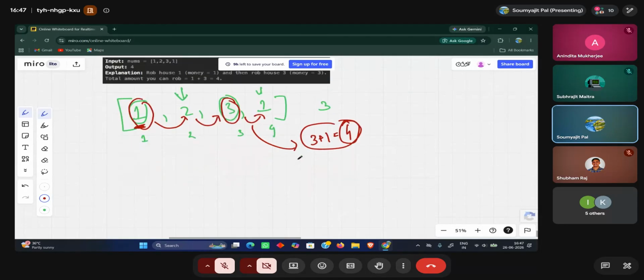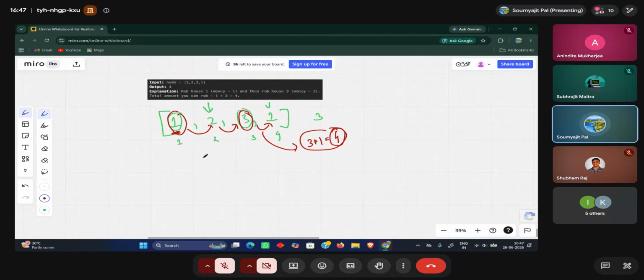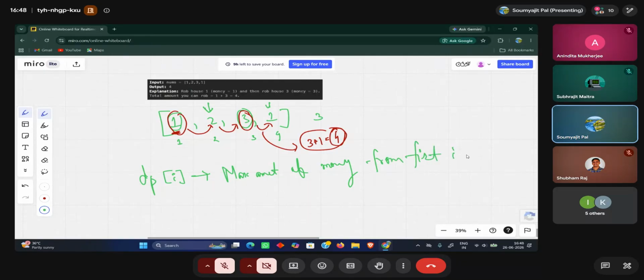So if I identify my subproblem, I define my state as the maximum amount of money I can get from the first i houses.